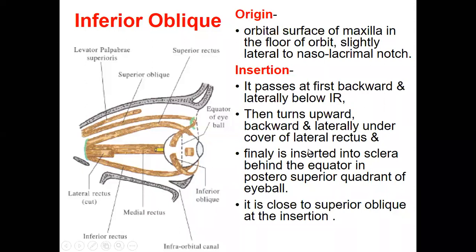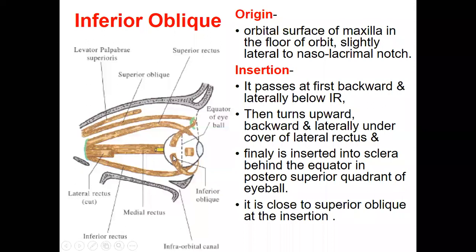And insertion: from its origin, it passes at first backwards, laterally below the inferior rectus. Then it turns upwards, backwards and laterally under cover of lateral rectus, and finally is inserted into the sclera behind the equator in the posterior superior quadrant of the eyeball.